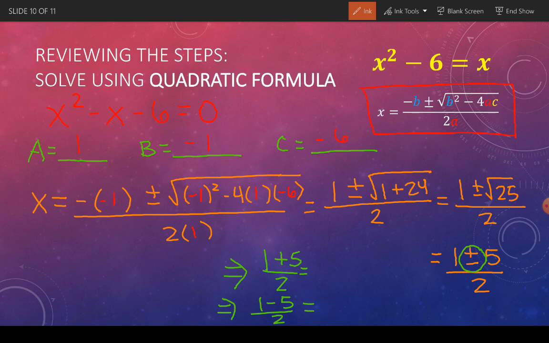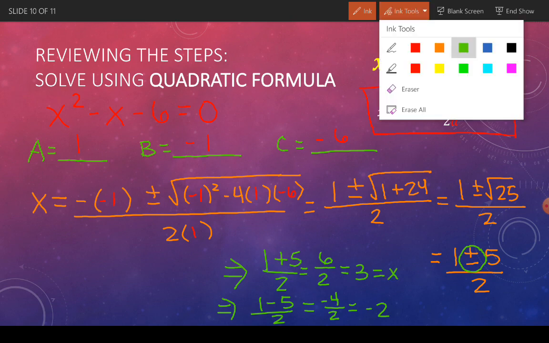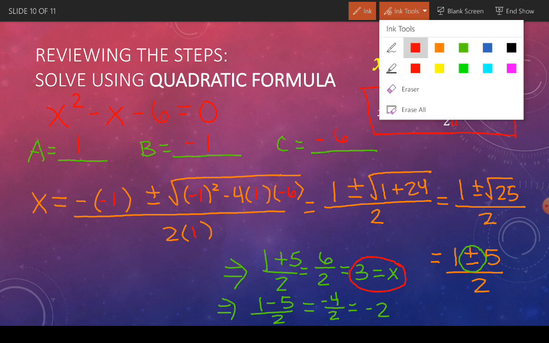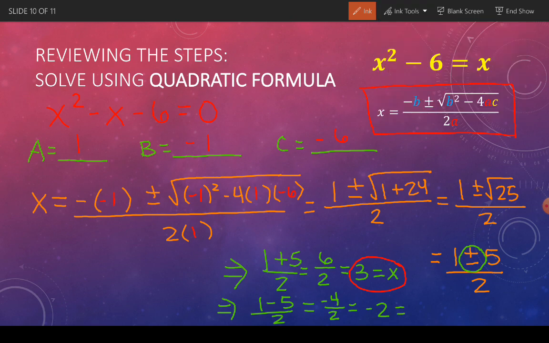So for our first one, we get 6 divided by 2, which gives us 3. And for our second one, we get negative 4 divided by 2, which equals negative 2. So our first x value is 3, and our second x value is going to be negative 2.